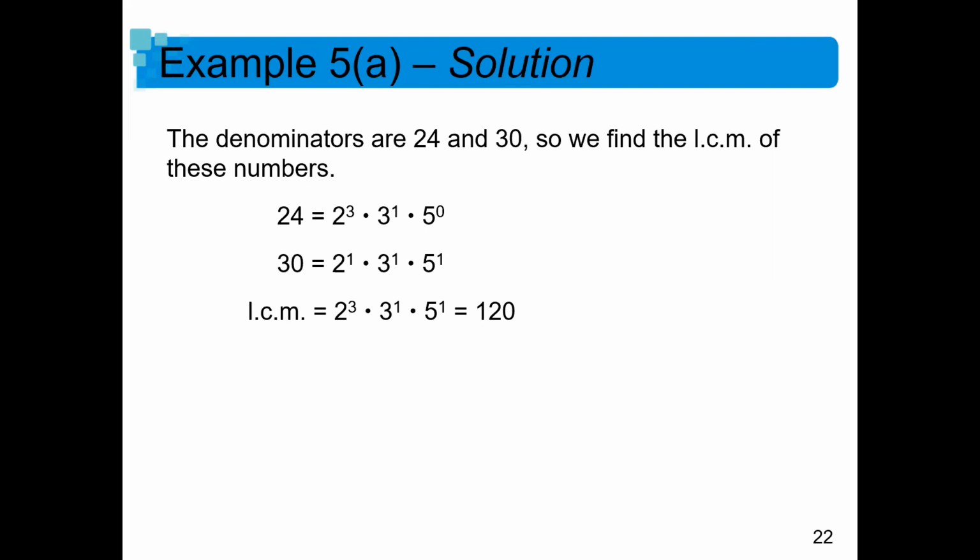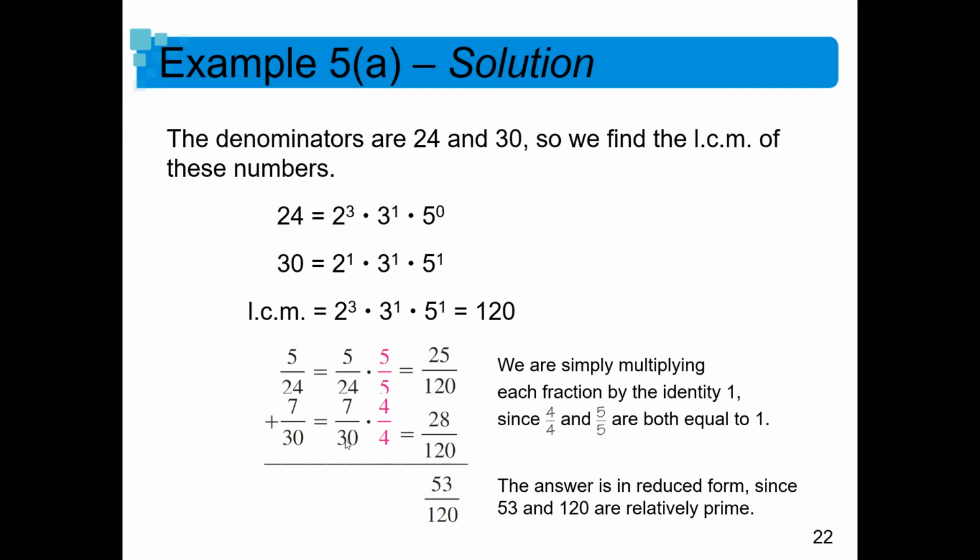So for prime base 2, the highest exponent is 3, so we select 2 cubed. And for base 3, the highest is 1. You have no choice. Both are 3 to the 1. And for base 5, the highest exponent is 1. So 5 to the 1. And it turns out the least common multiple for 24 and 30 is 120. And this is also our least common denominator.